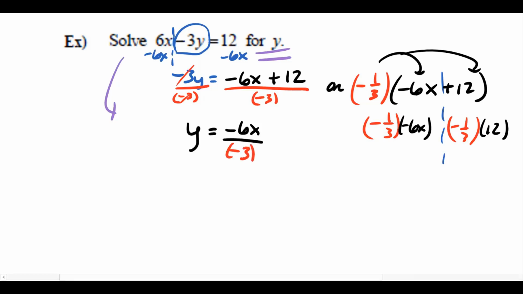And the next term over, isn't that the same as a positive 12 over a factor of negative 3 in the denominator? So I'm just kind of showing you how to rewrite these things.